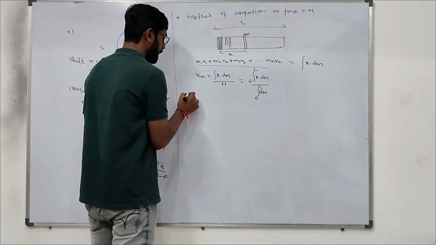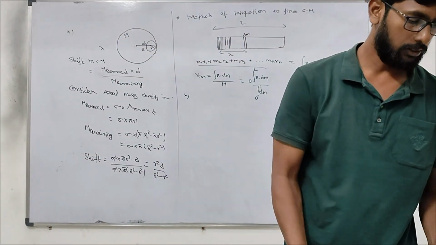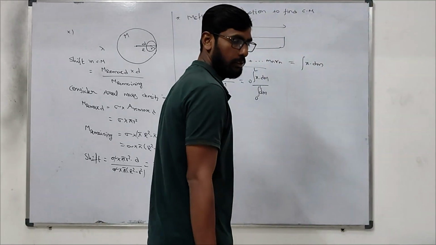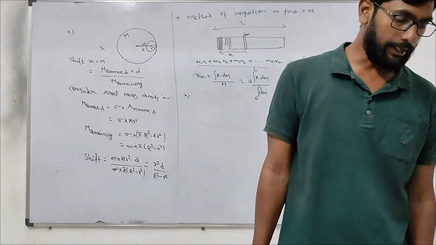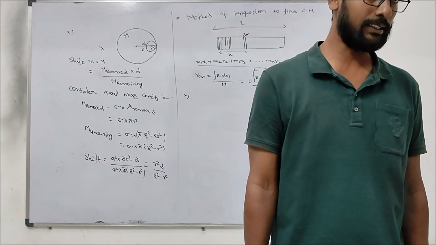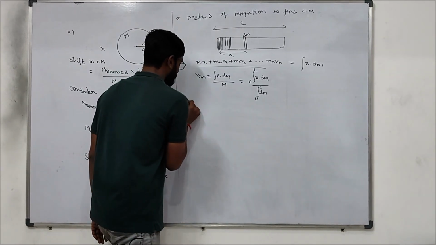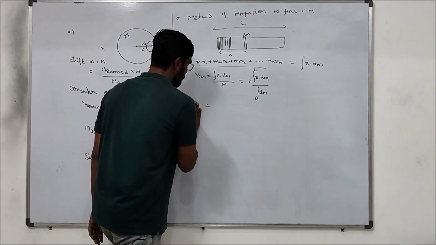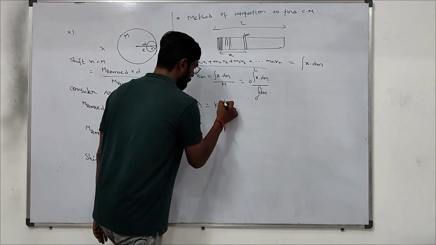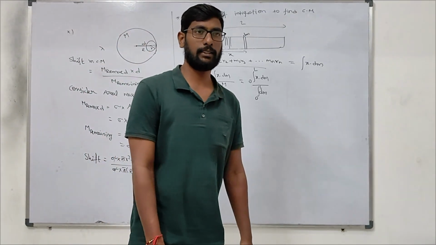For example, you have a question. I'll read the question. The linear density of a rod of length L varies as lambda equals kx square by L. So the linear mass density varies as kx square by L. Mass density only varies, so mass density is not constant.